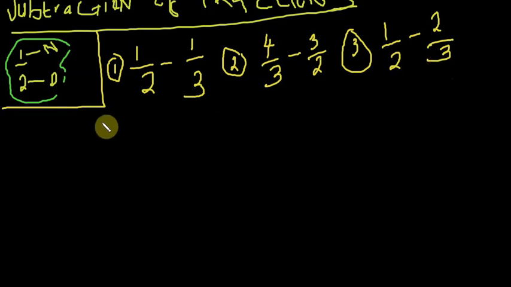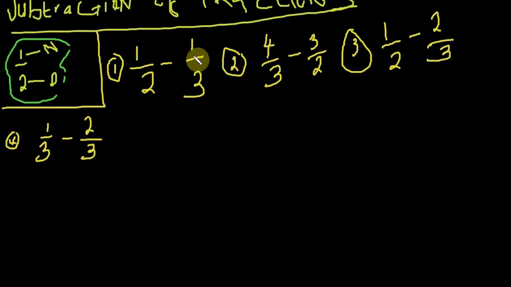Let's have one where the denominators are the same. Number 4 will be 1 over 3 minus 2 over 3. The denominators are the same.